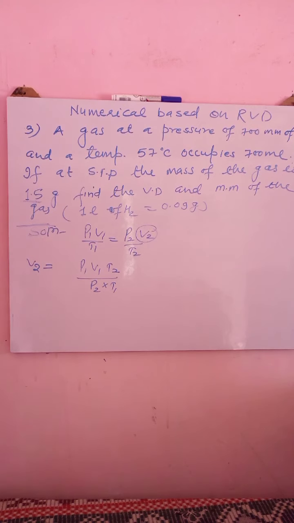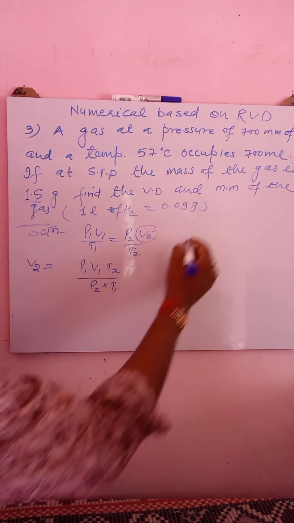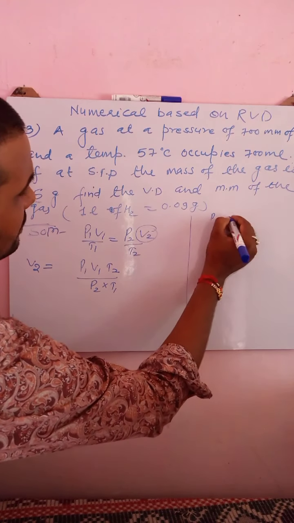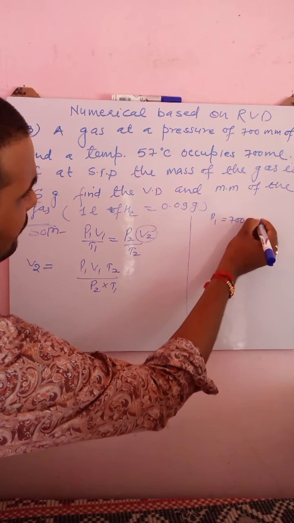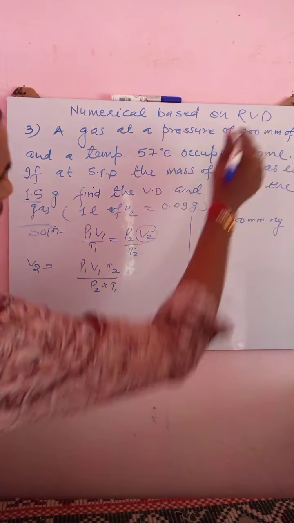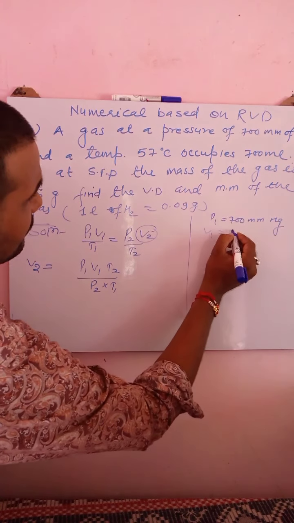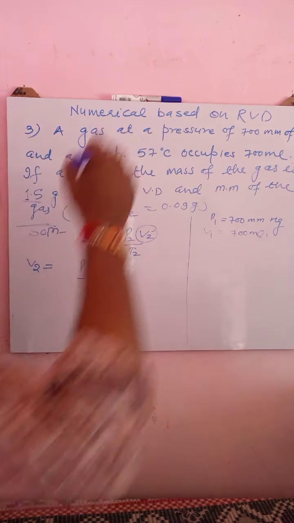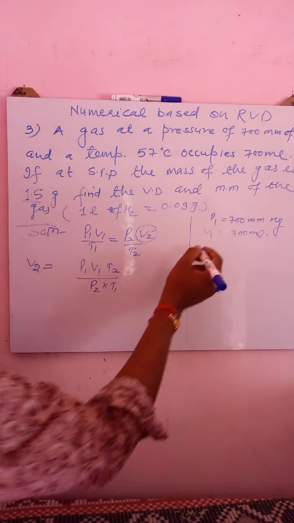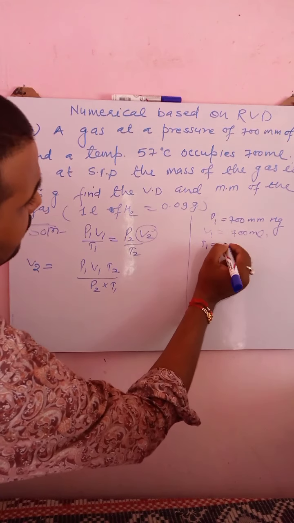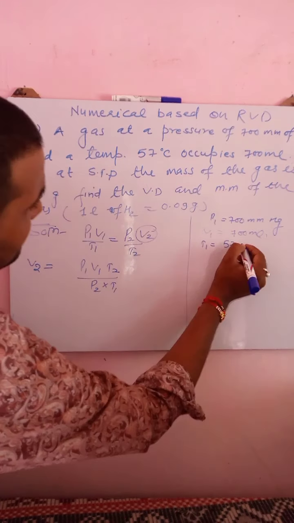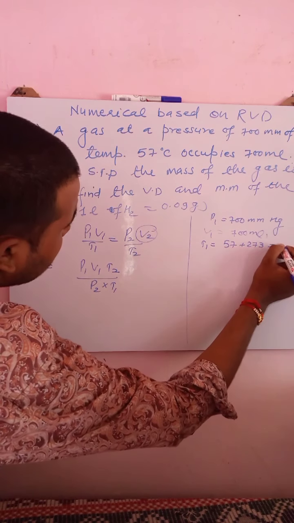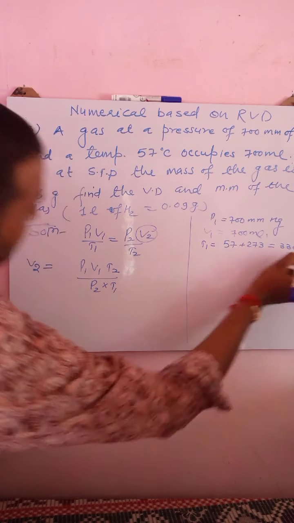Here P1 is equal to 700 mm of Hg, V1 is equal to 700 ml, and T1 is equal to 57 degrees Celsius plus 273 Kelvin, which is 330 Kelvin.